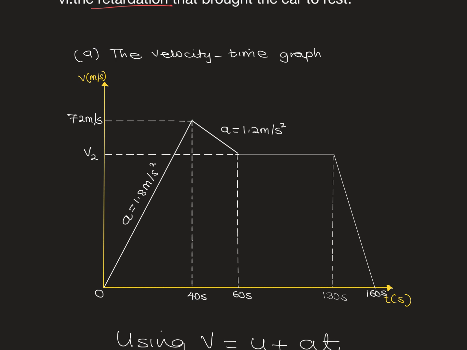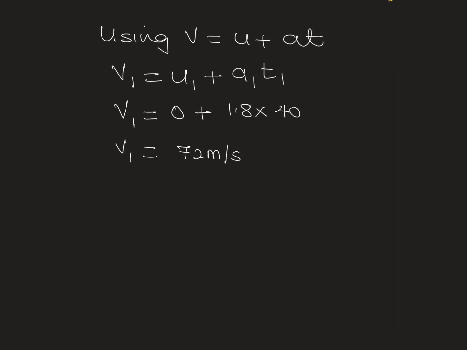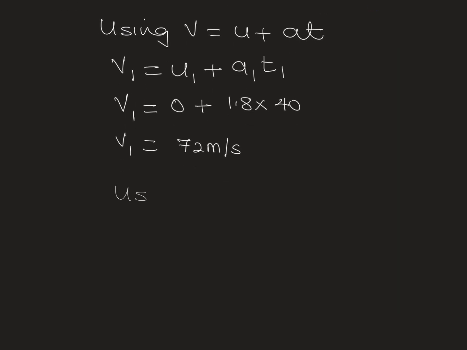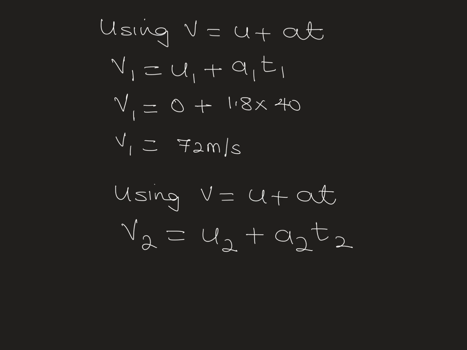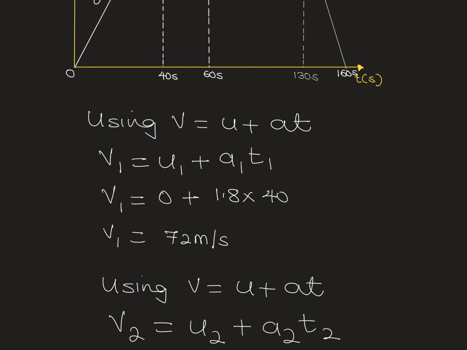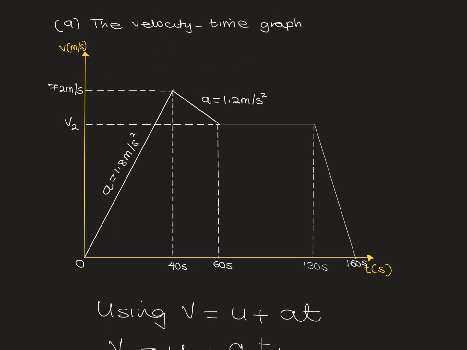So we are going to use 72 meters per second as the initial velocity for the second phase of the motion. Now, using V is equal to U plus AT, we can say V2 is equal to U2 plus A2 multiplied by T2. So that is V2 is equal to U2, that is the initial velocity for the second phase of the motion.